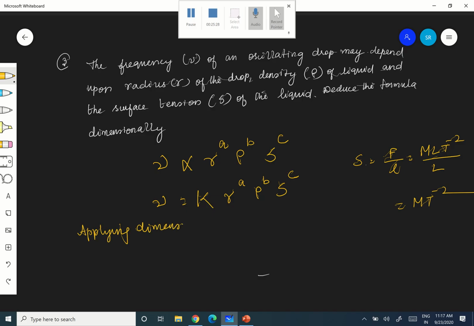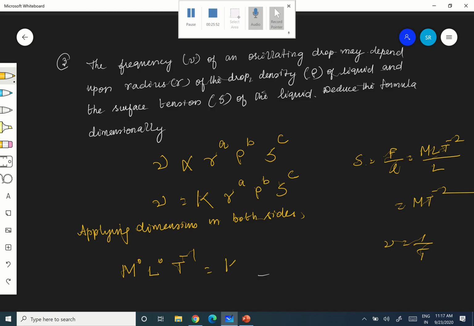Applying dimensions on both sides. Frequency, what is the frequency? 1 by t, so T power minus 1. Therefore, M power 0, L power 0, frequency is nothing but 1 by t, therefore T power minus 1. This is for LHS.